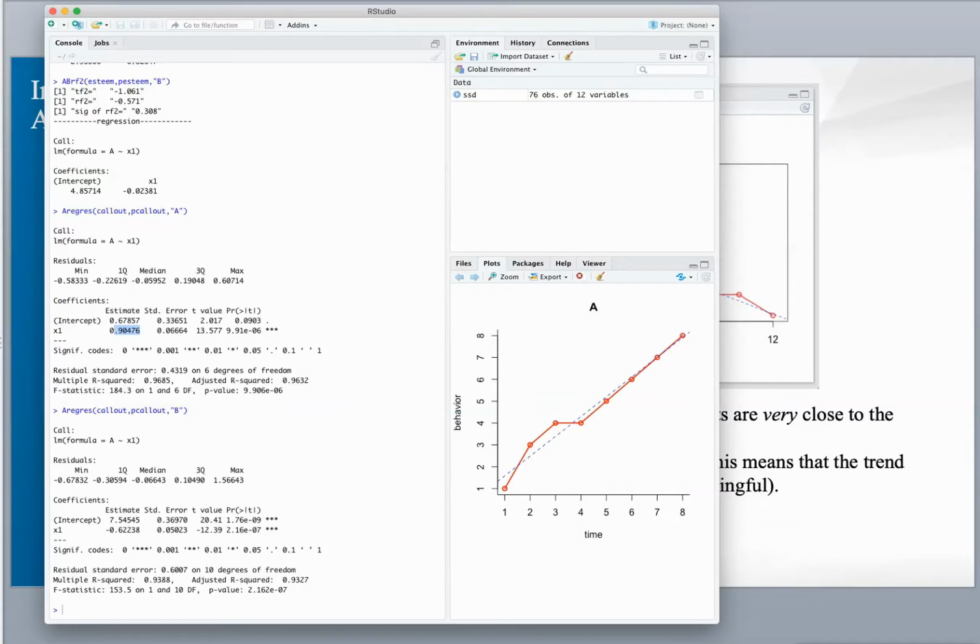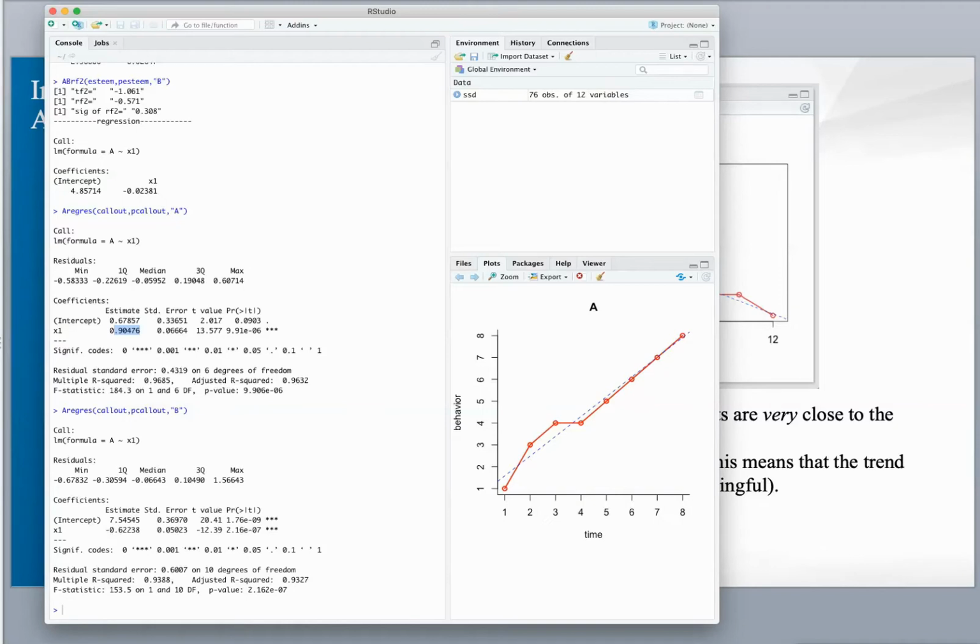So it's going up on an average of one call out incident a day. So you could see the line here, and you can see how close the trend is here.